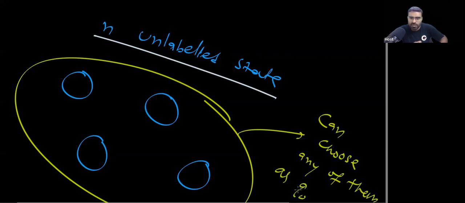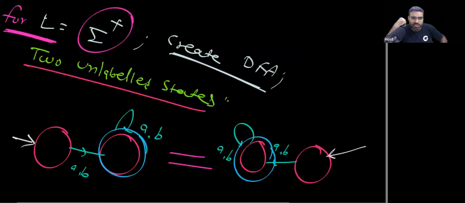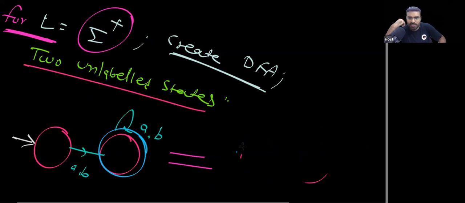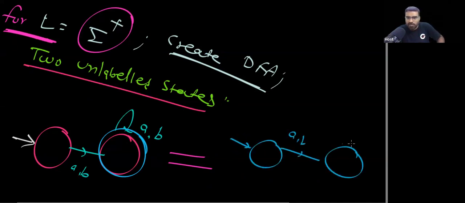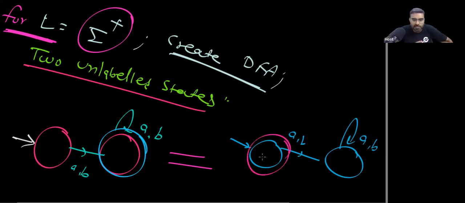Please tell me, but don't take the final state for granted. Why? What is the reason? If you take the final state for granted, what will happen? For example, here you are making this the final state, and in another diagram, exactly the same diagram, transitions also the same, everything the same, here this is the final state.